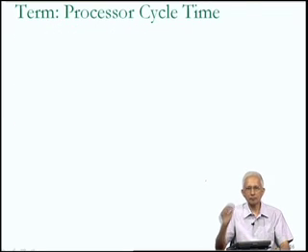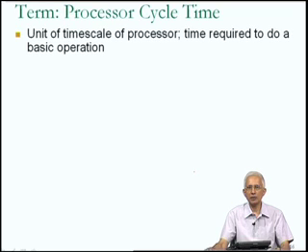Now, one of the important concepts for us to have in mind before we can start looking at simple hardware to execute an instruction is the notion of processor cycle time. I had used this term earlier, when I said that the time scale of a typical processor today is a couple of orders of magnitude finer than the time scale of current main memories.